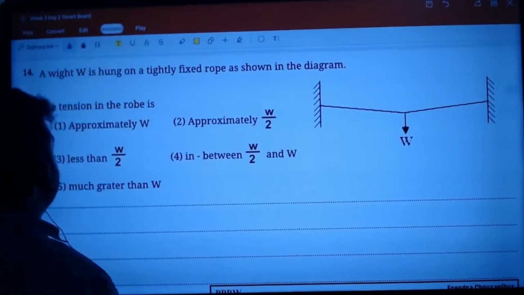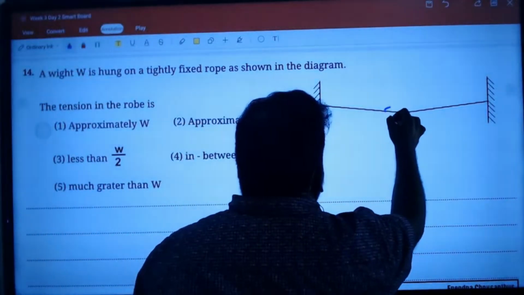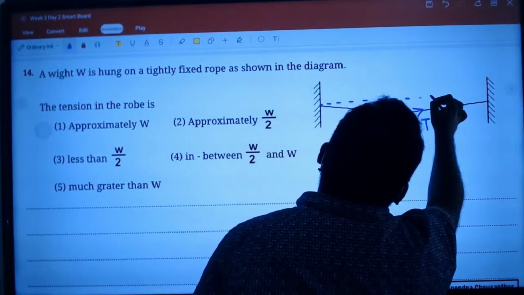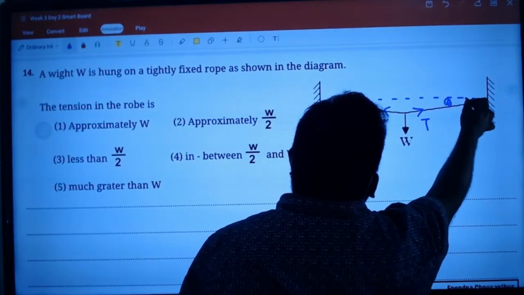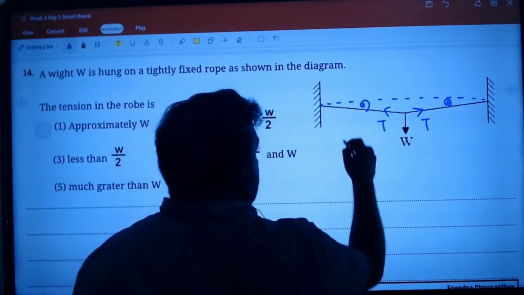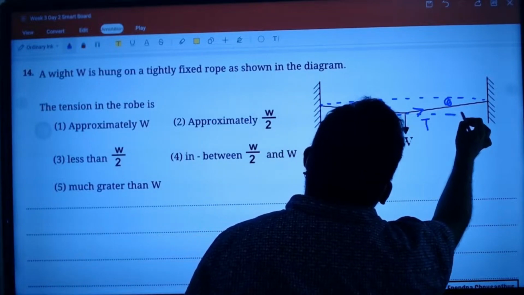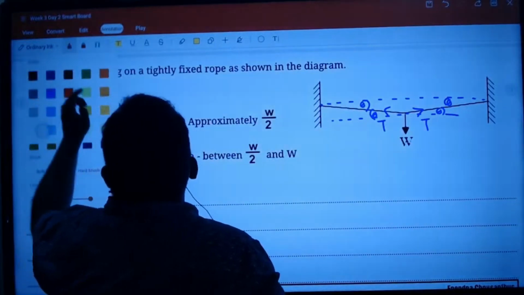This one. Weight W is hung. So here tension is there. This angle here is going to be theta here, theta there. If that is theta here, I can make this theta here. This is theta here. Simplify it now.